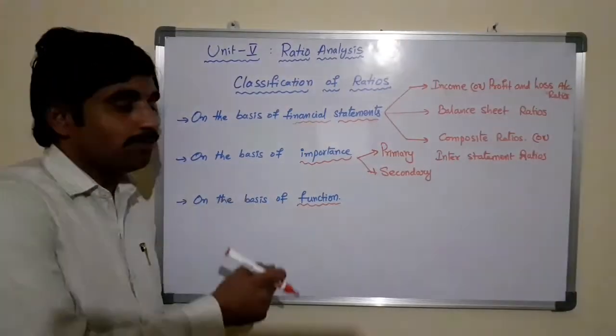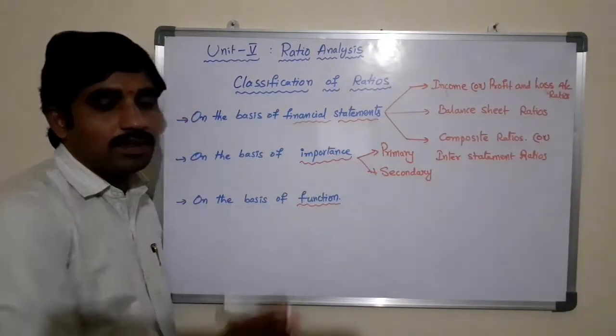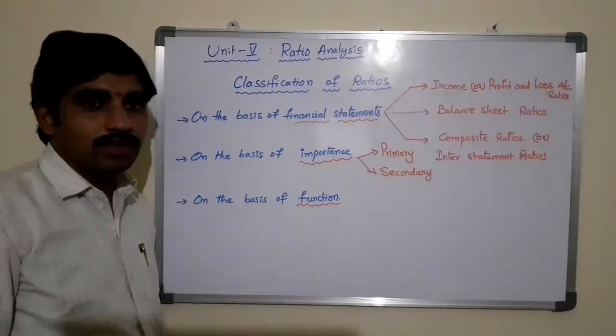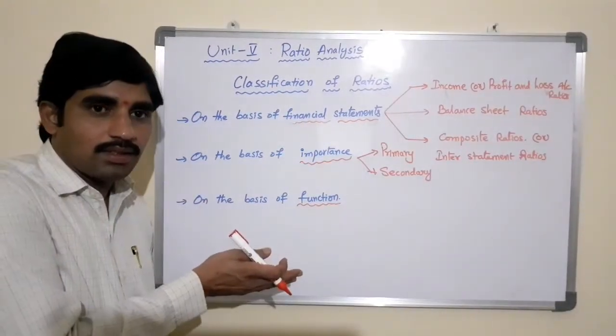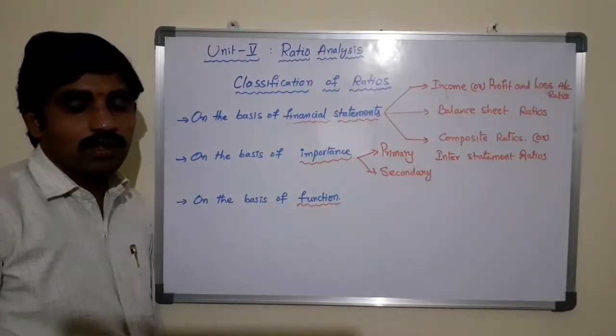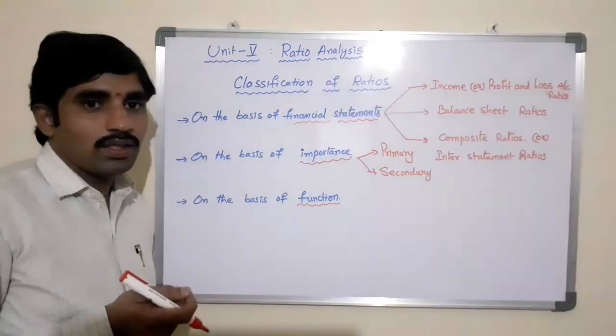On the basis of importance, the ratios are classified into primary ratios and secondary ratios. The most important ratios are called primary ratios, and the less important ratios are called secondary ratios.